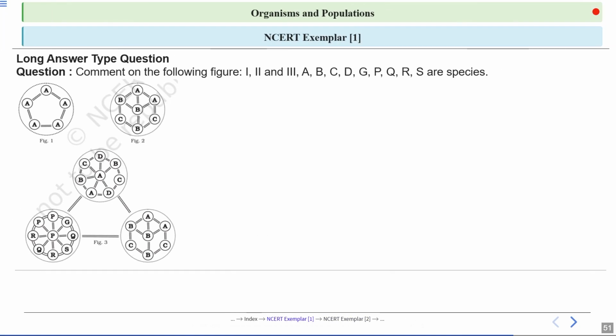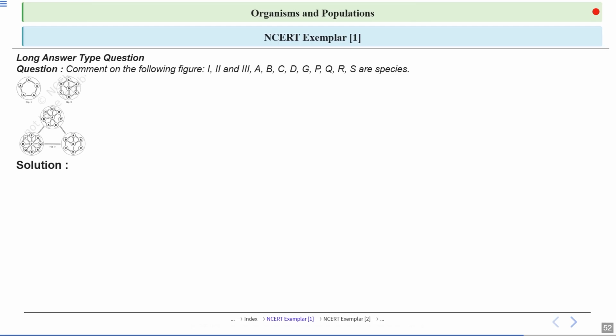Next question, you have to comment on the following figure 1, 2 and 3. Okay, and you have to tell what are these figures. Clear? Now let's have a look at the answer. See, first of all, let's focus on figure 1. So this part of the diagram shows a single group of organisms, all belonging to the same species.